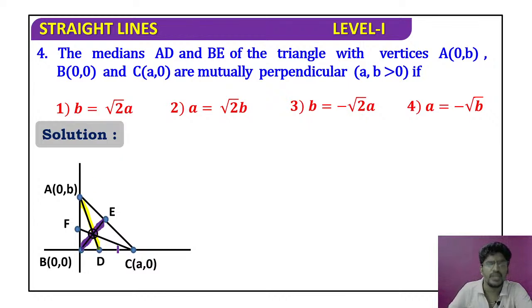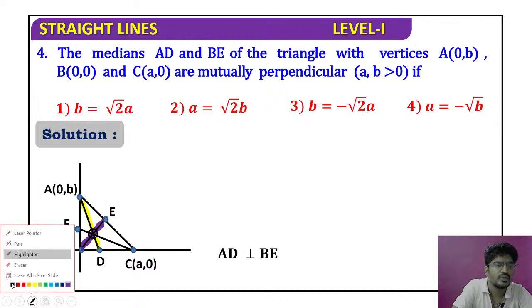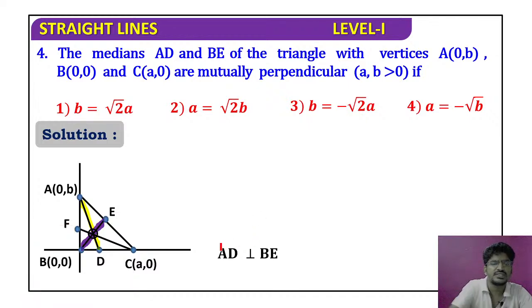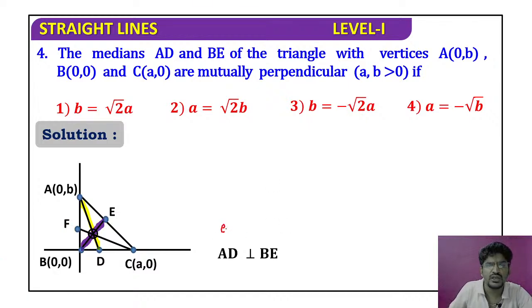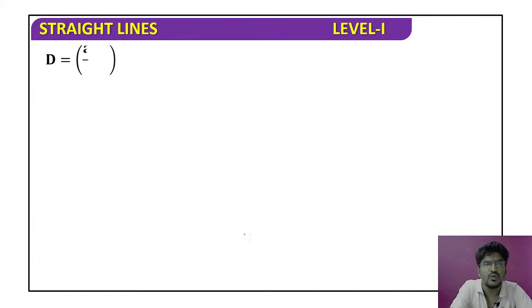Both are mutually perpendicular to each other. So the slope of AD multiplied with the slope of BE is going to be equal to -1. So AD is perpendicular to BE, this is the given term. From this given term, we have to simplify our required answer. Clear?